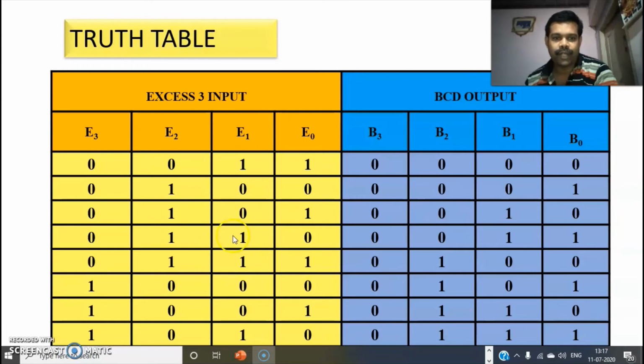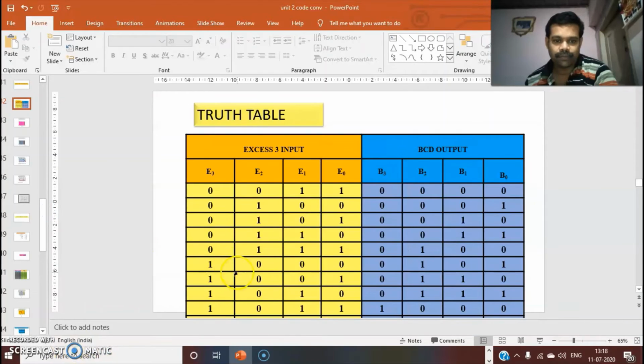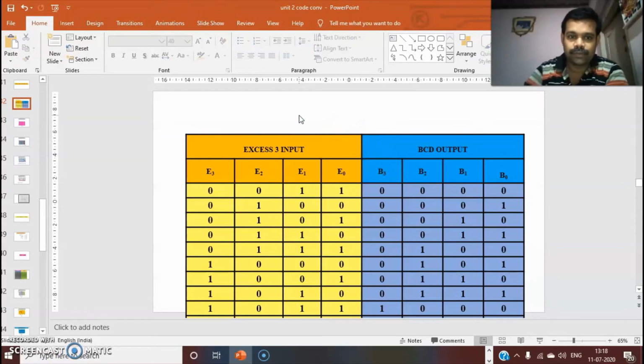Then we have to write the XS3. So first you write the BCD from 0 to 9. Then you write the XS3 up to 12.